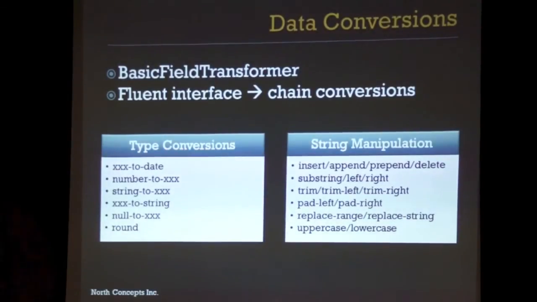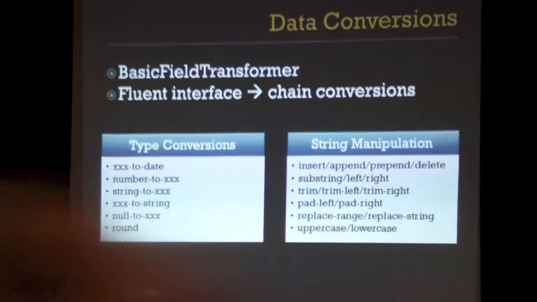That basically has methods to do conversions from whatever to dates, numbers to whatever, strings, string to whatever, whatever to string, null to whatever, and some rounding. There's also some string manipulation in there: insert, append, prepend, substring, padding, replace ranges, and so on. And you can also add your own.